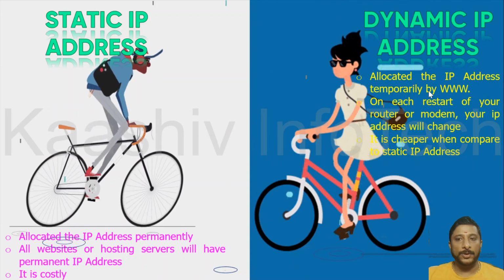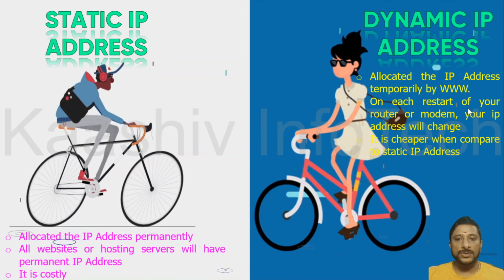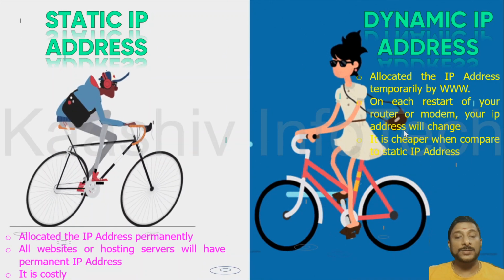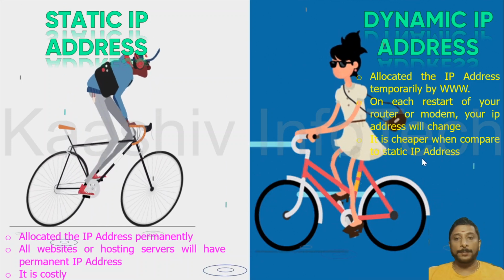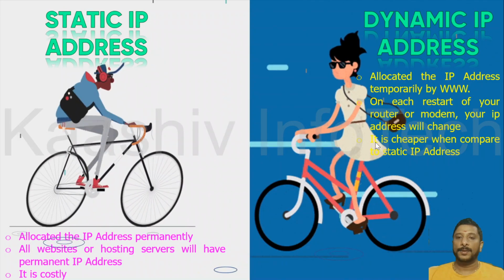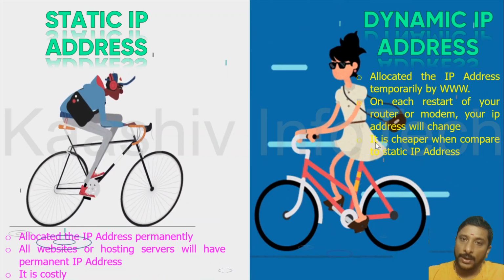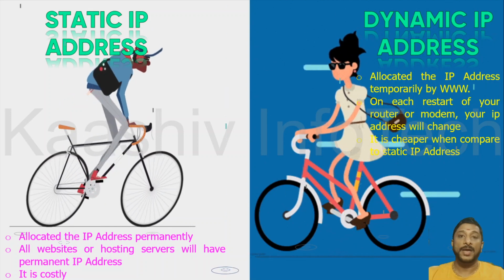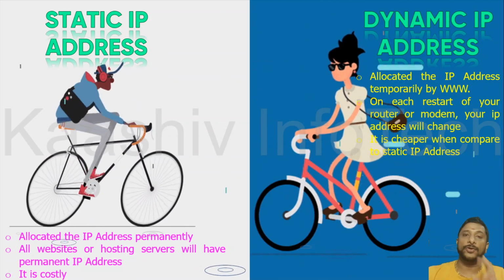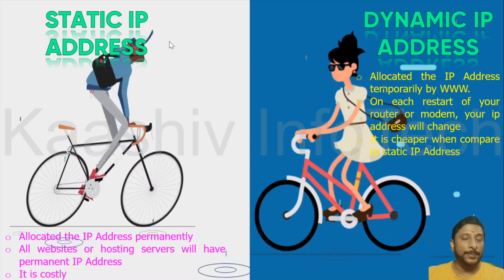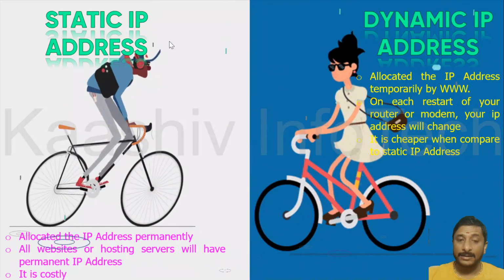It is allocated temporarily. On each restart of your router or modem, your IP address will change. It is cheaper when compared to the static IP address. So the IP address is temporarily given to you and it will change every restart of your router. Whereas the static IP address is nothing but a standard number.